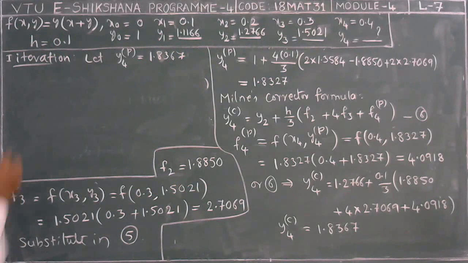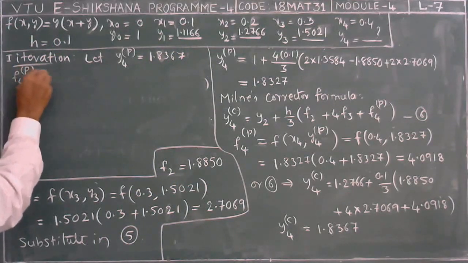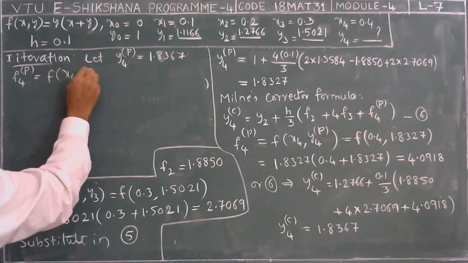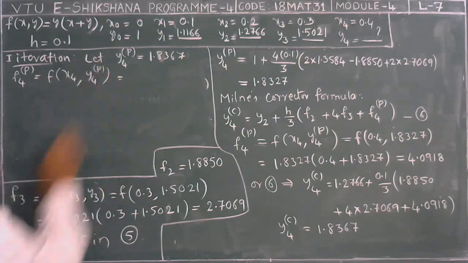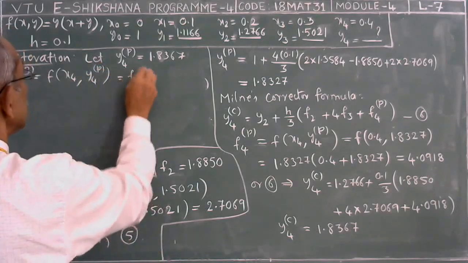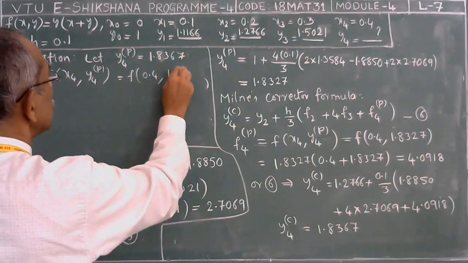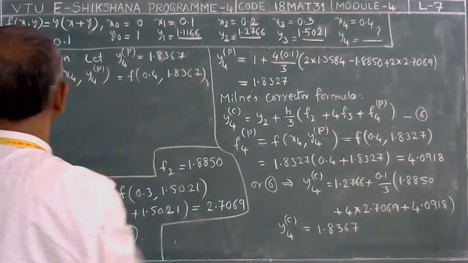So f4p is f of x4 comma y4p, which is f of 0.4 comma 1.8367.